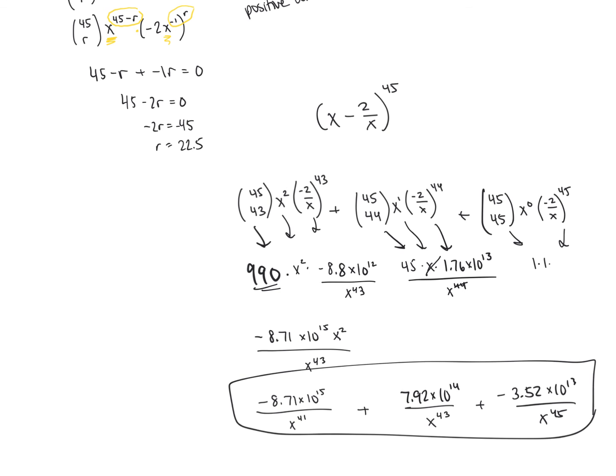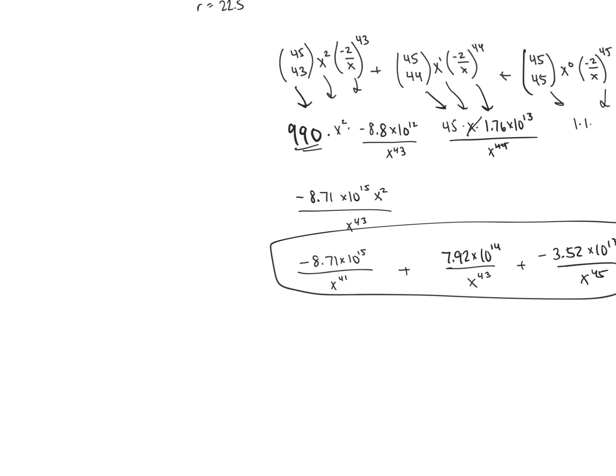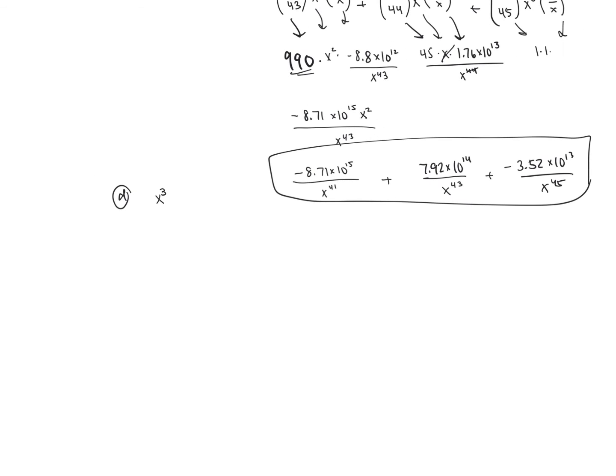Whew, my goodness. Okay, and then part D says find the term containing x cubed if it exists. Again, this is our problem. So I'm going to say 45 choose r, x to the power of 45 minus r, negative 2x to the negative 1 times r.